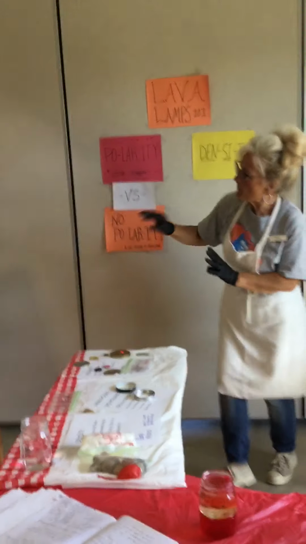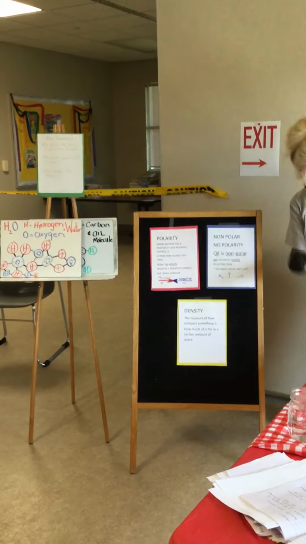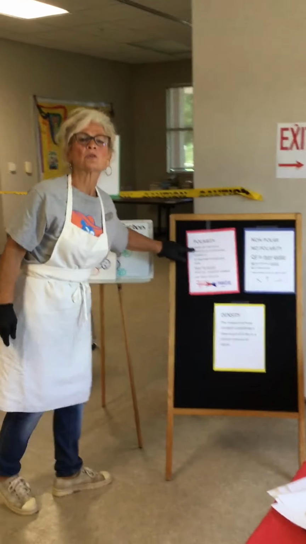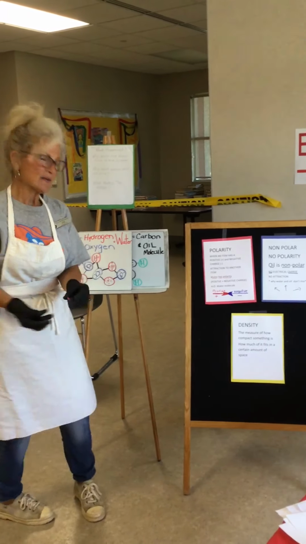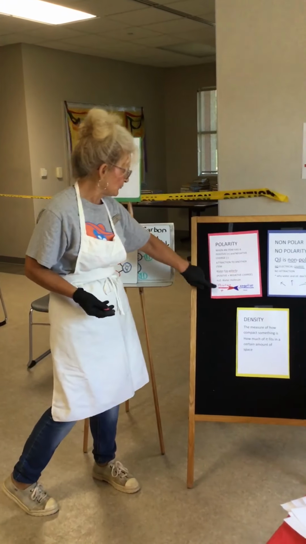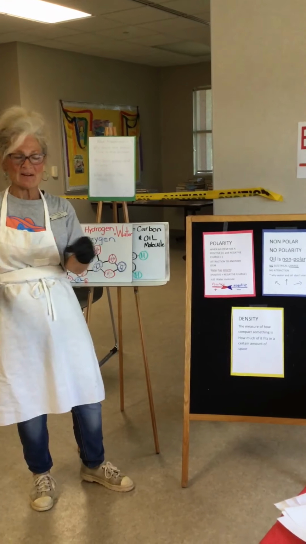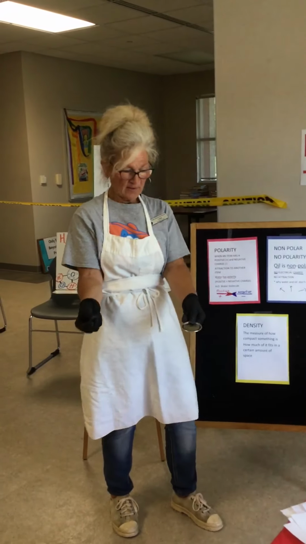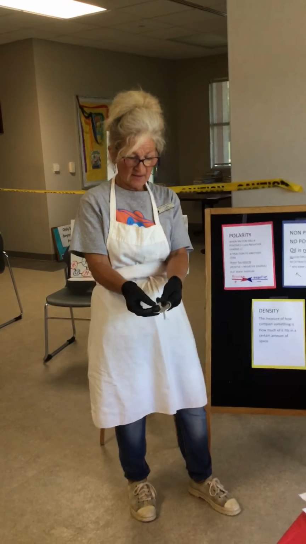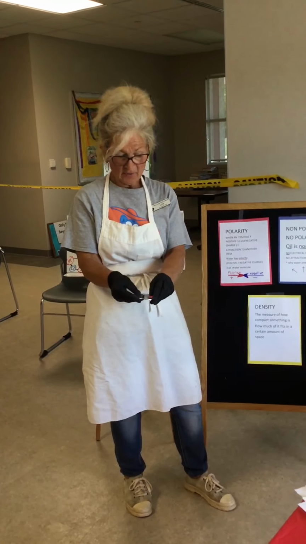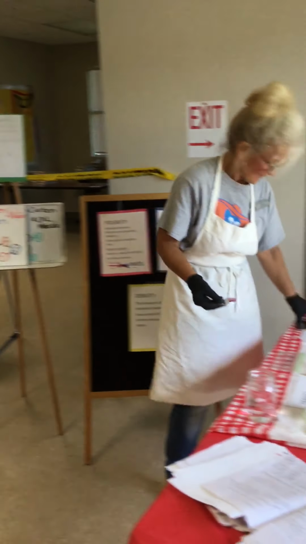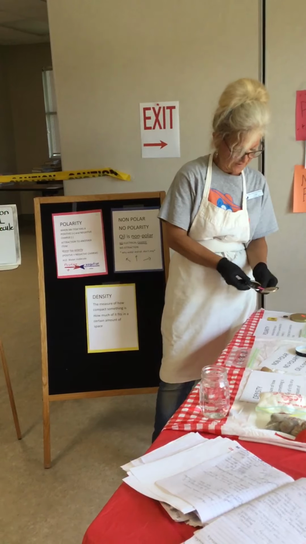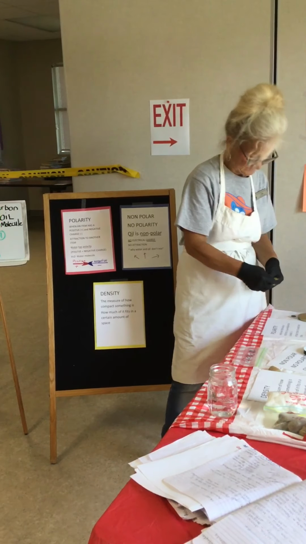Well, I'm going to step over here because I want to point this out to you a little bit. Okay? Our water molecules are polar. That means they have a positive and a negative charge, and they need that for their structure. So if I take, again, I have a magnet, a positive, a negative, another positive, another negative, I'm starting to create a water molecule.